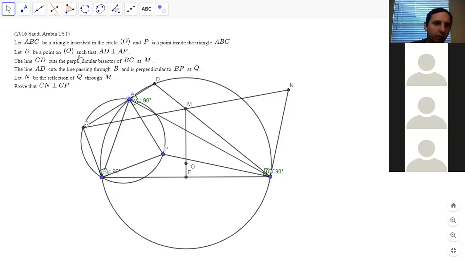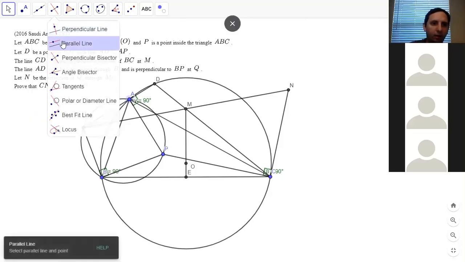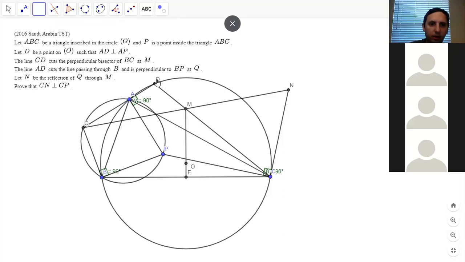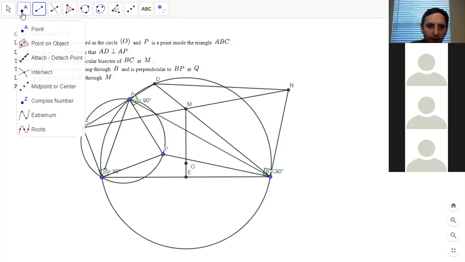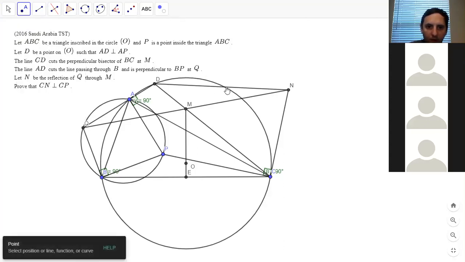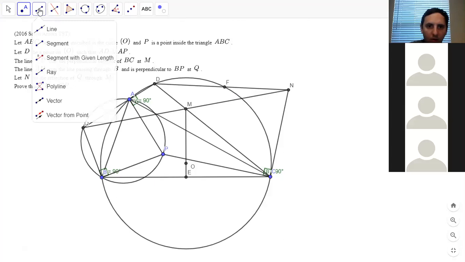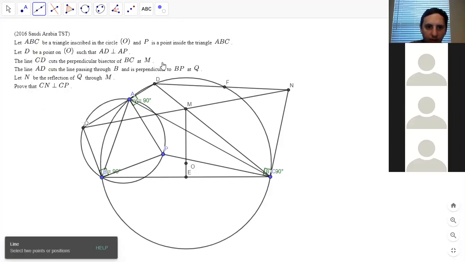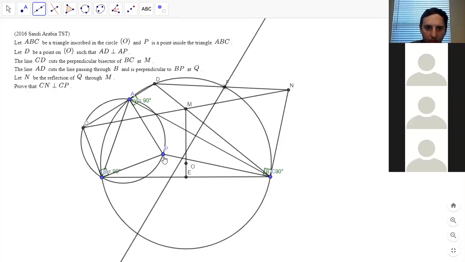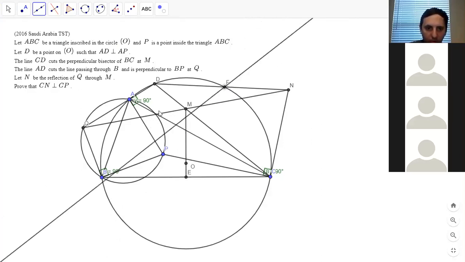I wonder, what if we let DN intersect the circle at a point? I'm trying to use symmetry somehow. I don't think that does much.